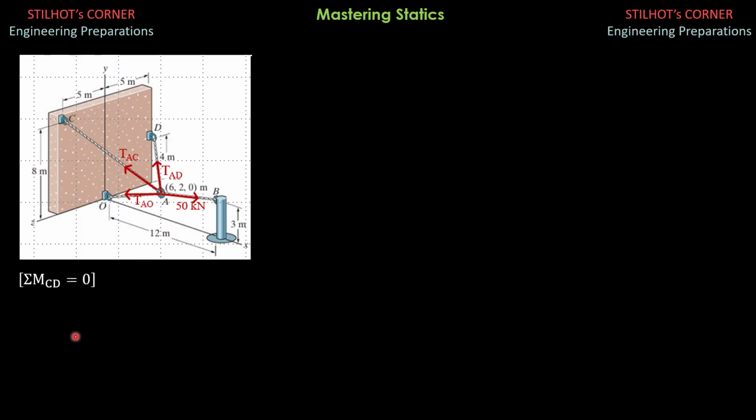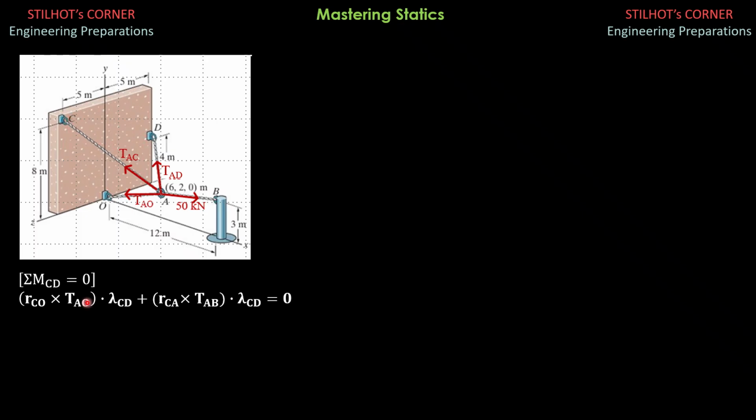Let's show that we can solve directly the tension in AO, just to recall the expression for moment about an axis. So this is RCO cross tension AO dot lambda of axis CD plus RCA cross tension AB dot lambda, unit vector of CD, equals 0. So there are options for this equation.